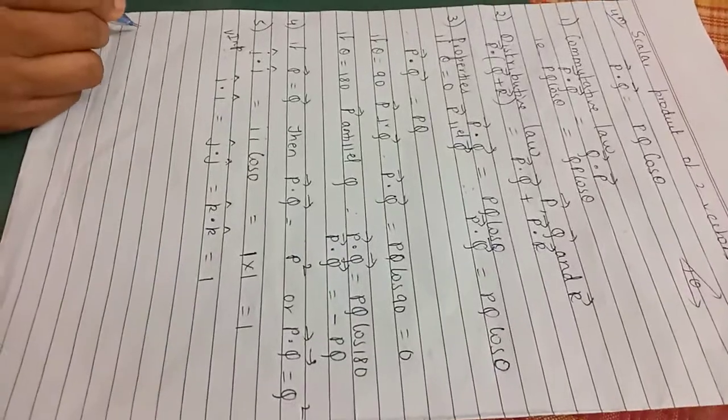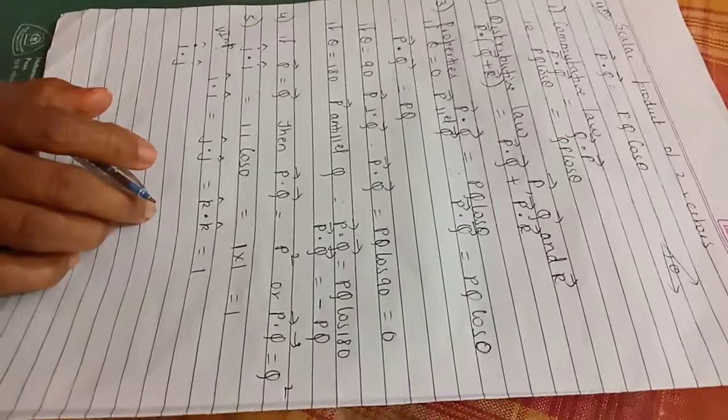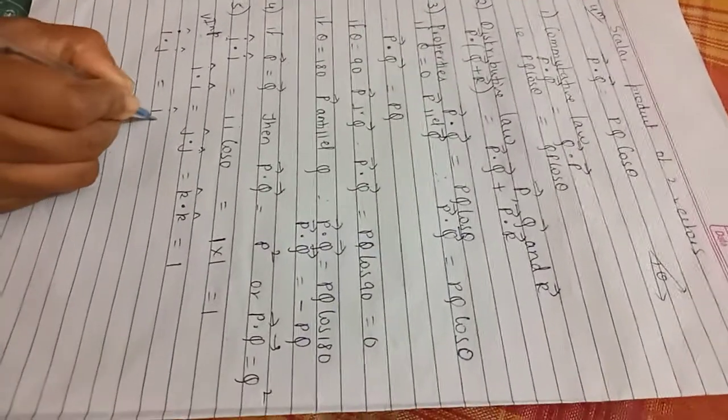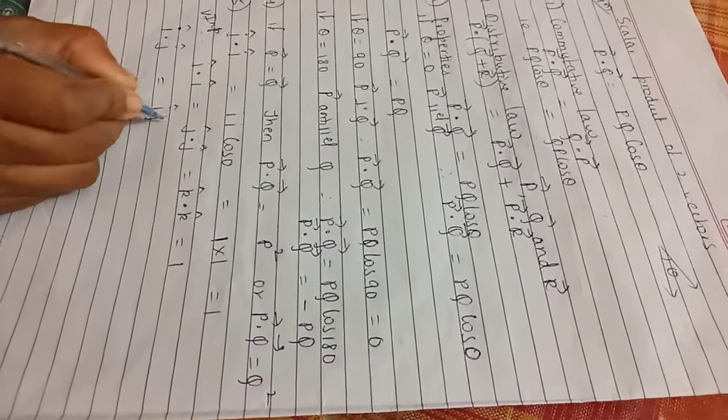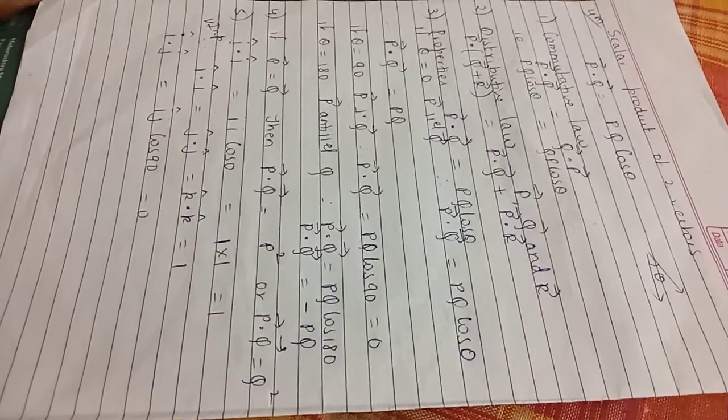Now, second, what about I dot J, students? I is the unit vector along x-axis, J is the unit vector along y-axis. Means I and J are perpendicular to each other. Cos 90, 0.